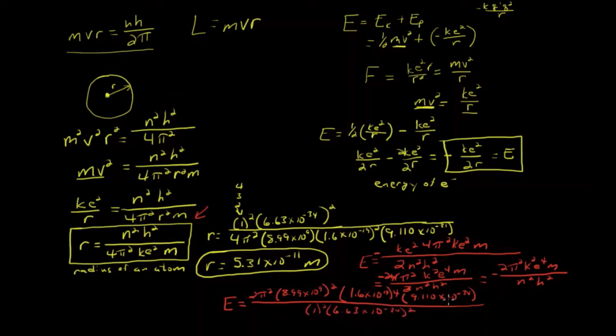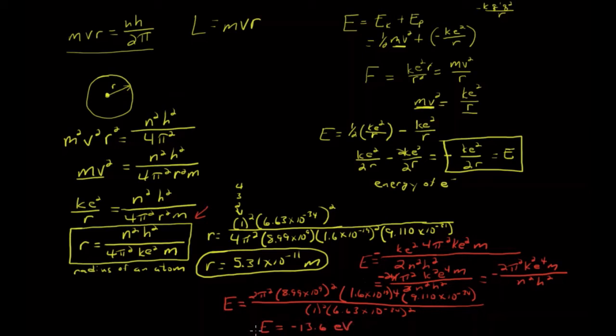So this is just some crazy numbers here, but it's pretty cool how this works out, because that works out to E equals minus 13.6 electron volts.